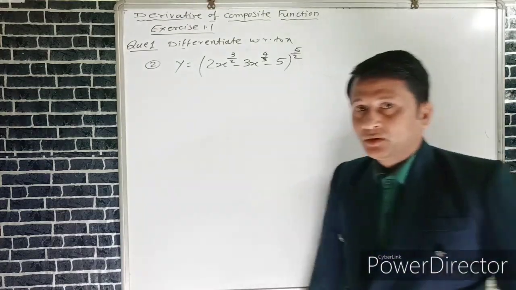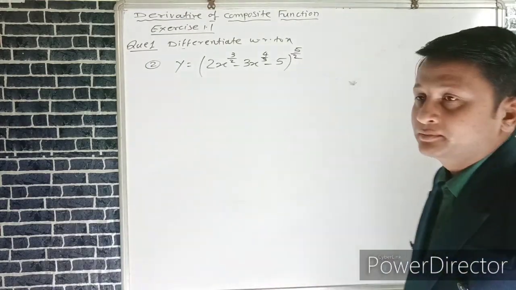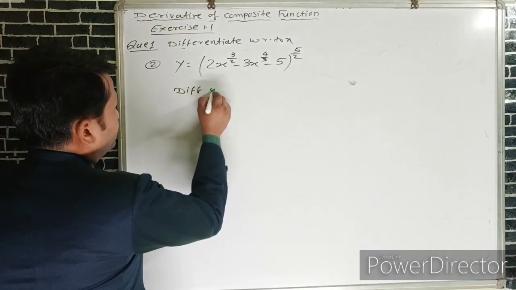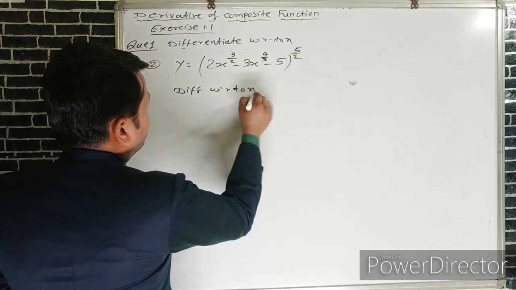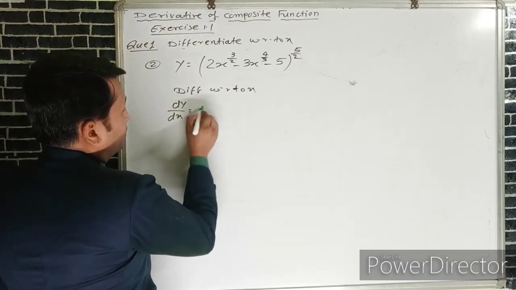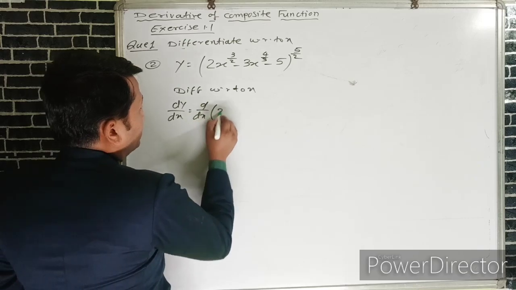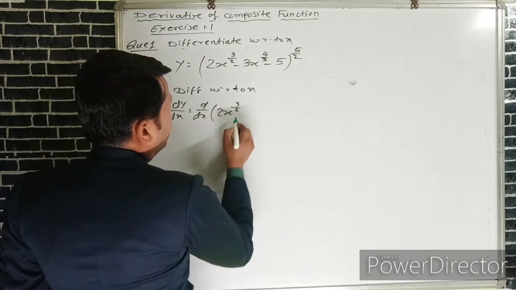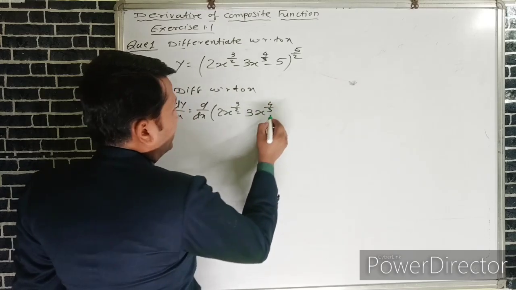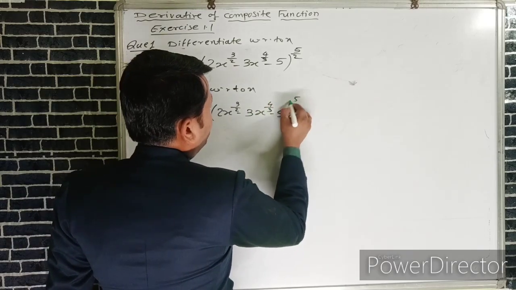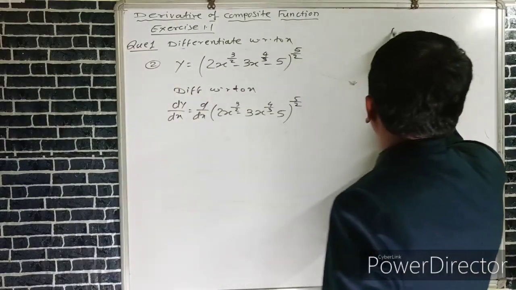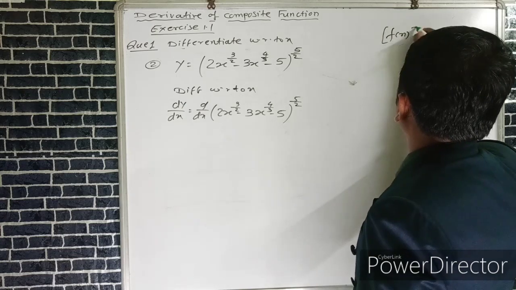Next function, which is also a composite function. If we differentiate the given function with respect to x, then the derivative of y, dy by dx, is equal to d upon dx of 2x raised to the power 3 by 2 minus 3 into x raised to the power 4 by 3 minus 5, whole raised to the power 5 by 2, which is also in the form of f of x whole raised to the power n.